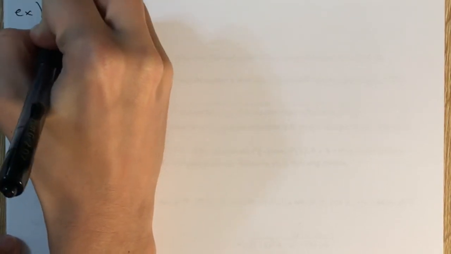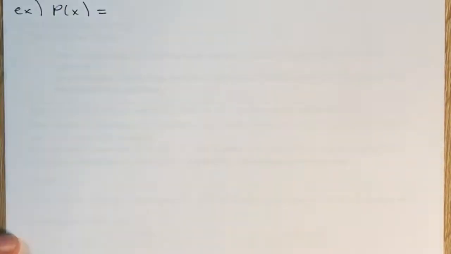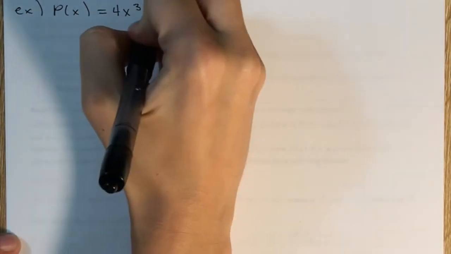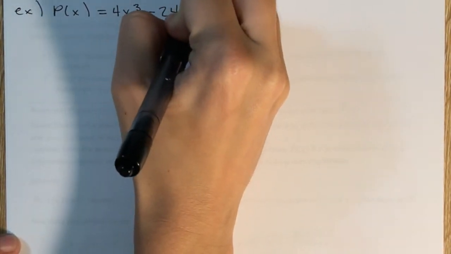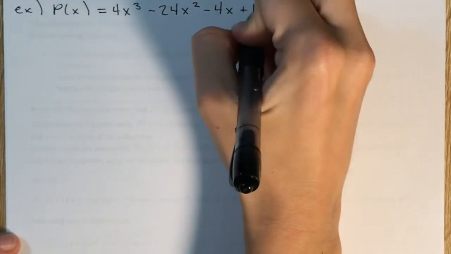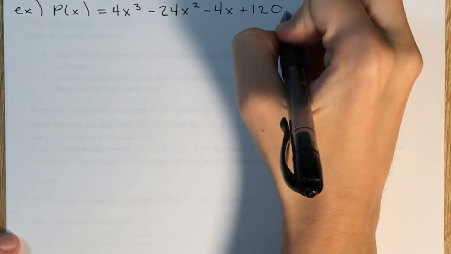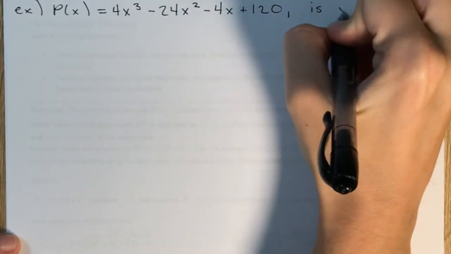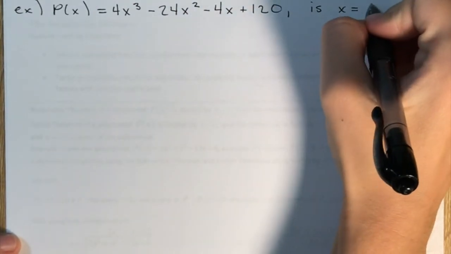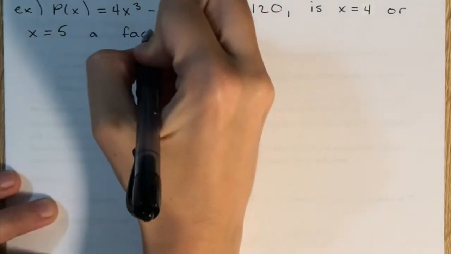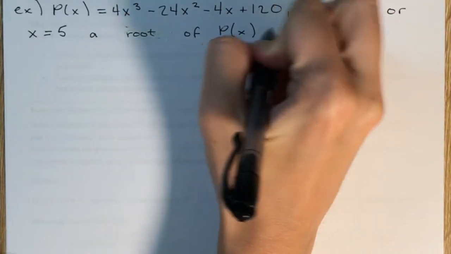So let's say p of x equals 4x cubed minus 24x squared minus 4x plus 120. And we're asked, is x equals 4 or x equals 5 a root of p of x?